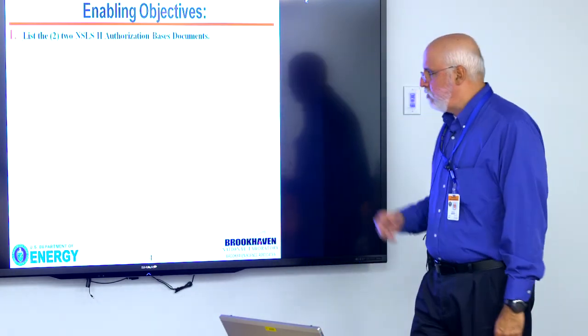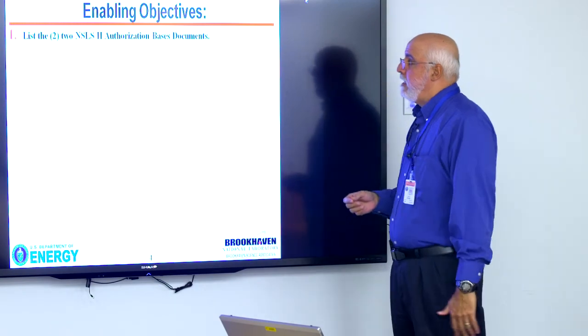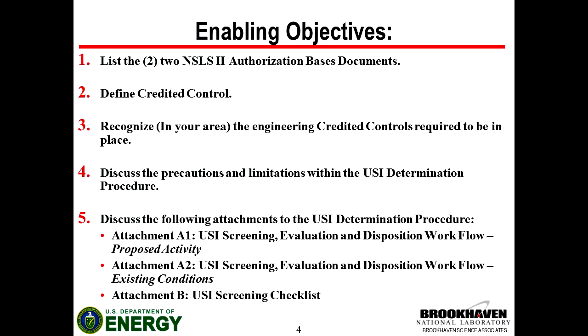So the enabling objectives, which help us get to the goal, are that you will be able to list the 2 different authorization basis documents, which we're going to talk about. We'll be able to define credited control. You'll recognize, certainly in your area, the engineering credited controls that are required to be in place during operation. We'll discuss the precautions and limitations which come from the USI procedure. And then finally, we'll wrap up.